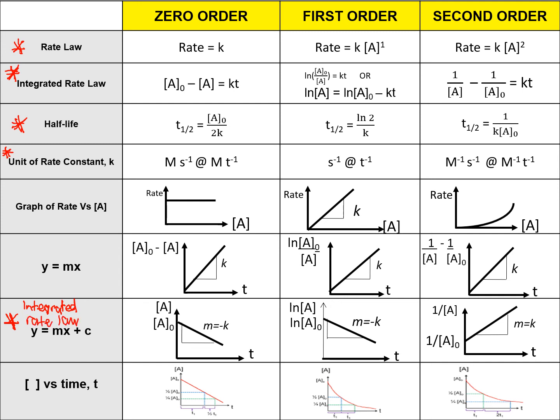Okay, so this graph related to this. Alright, so these are the graph for zero order, first order and second order respectively. And last one, this graph is important too. Okay, this graph is important juga because this graph represent graph yang related to half-life.